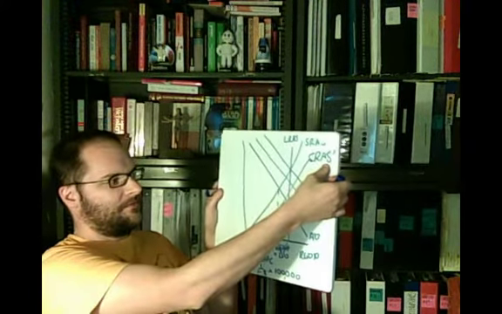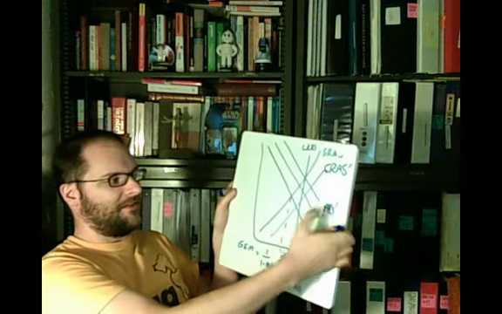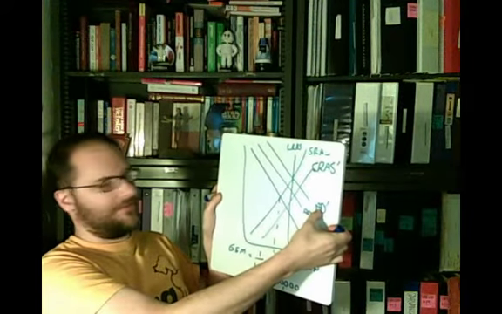And the problem then with those lags is that just as the economy is already fixing itself, let's say the SRAS curve is already shifting out, then all of a sudden the aggregate demand curve gets shifted.